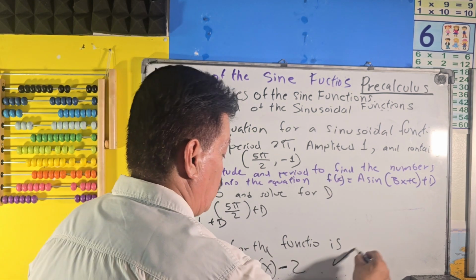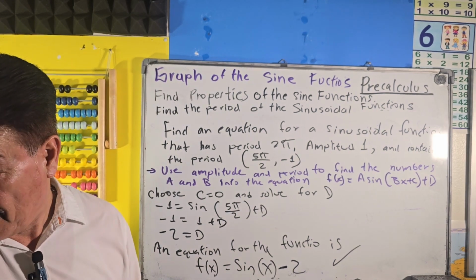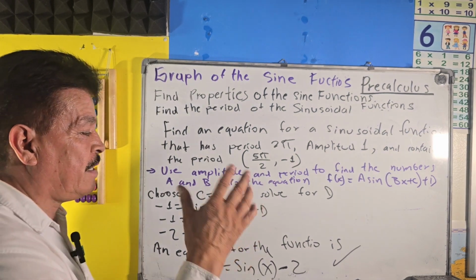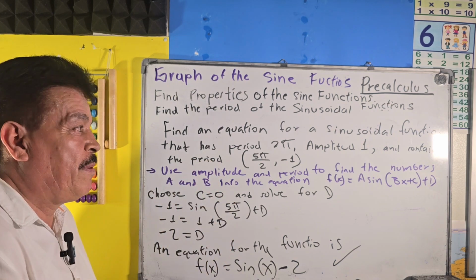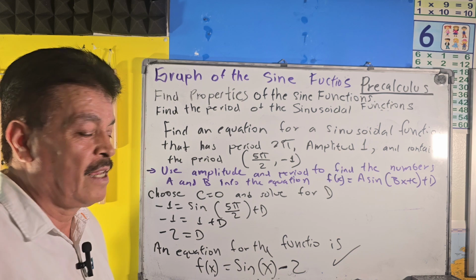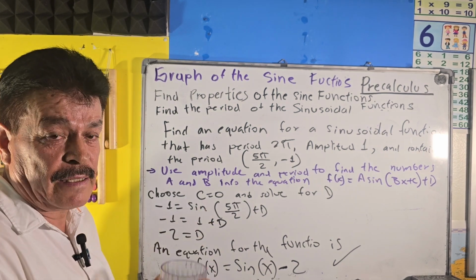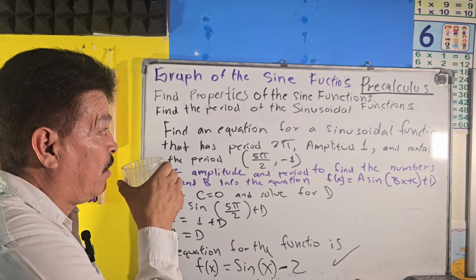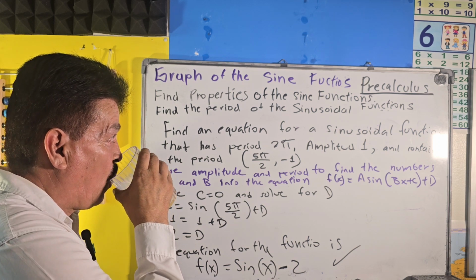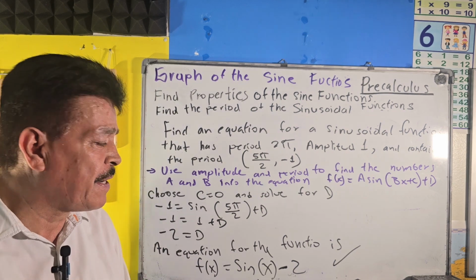Okay? That's the solution to our problem. See, it's not hard, it's not complex. So the thing is that we have to follow a long process, but once you know the properties of these problems in how to graph functions, I mean the sine functions, it's very simple.